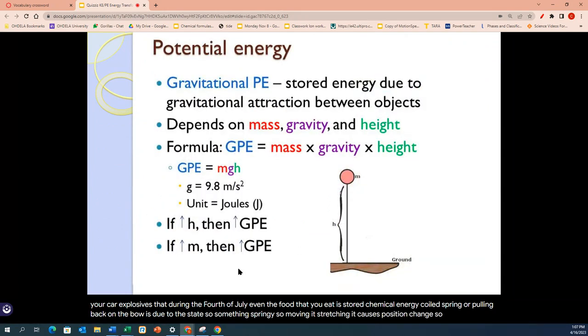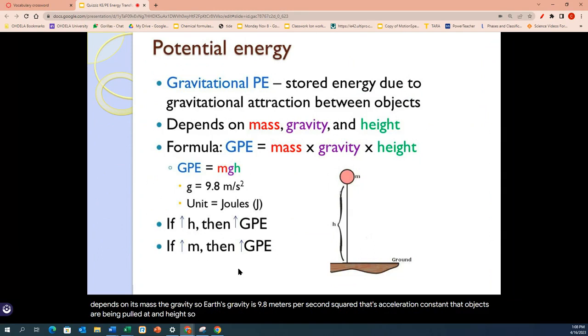One thing that we talk a lot about is gravitational potential energy, called GPE, stored energy due to gravitational attraction between all objects. And it depends on its mass, the gravity. So Earth's gravity is 9.8 meters per second squared. That's the acceleration constant that objects are being pulled at, and height.